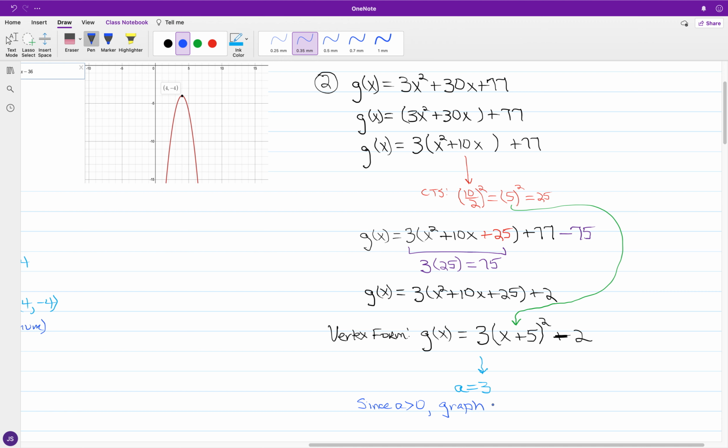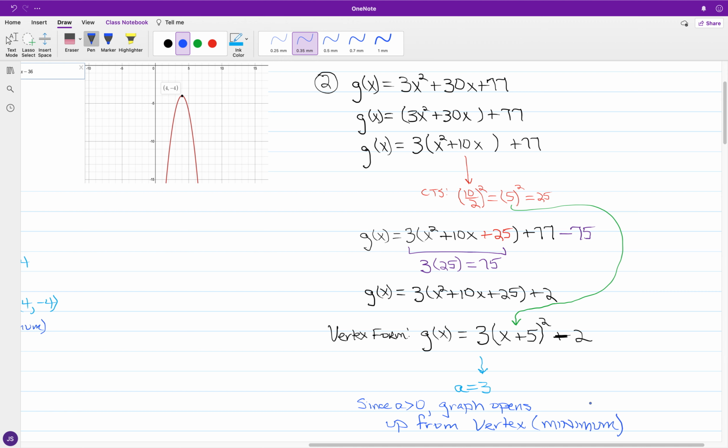So in this case, the graph is going to open up from the vertex. And since it opens up from the vertex, the vertex is going to be the bottom point in the graph.